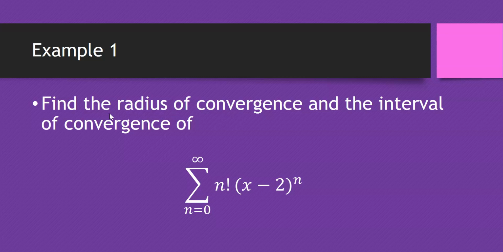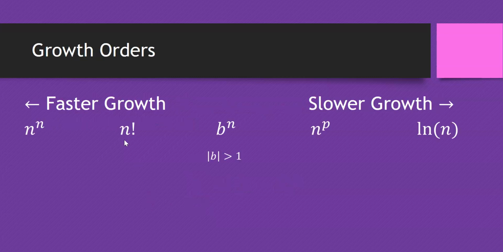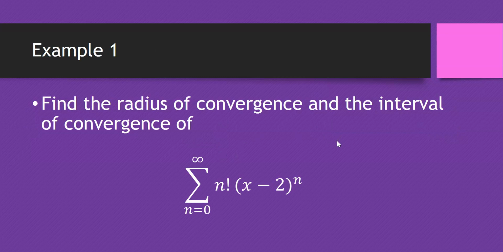So let's take a look at this power series and figure out what's going to happen. I want you to push pause and think back to the order of growth and figure out which piece is going to be the most dominant one.